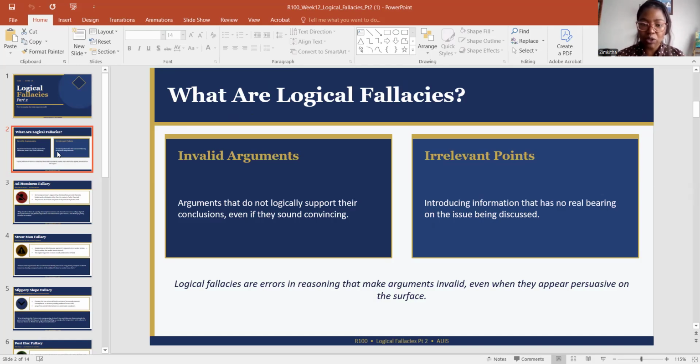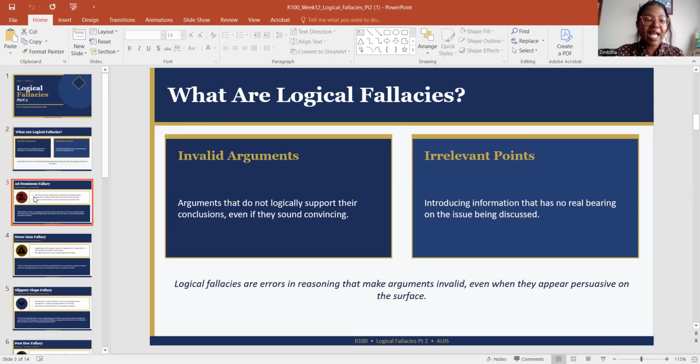They do not support the conclusion, even if they sound pretty convincing. But it doesn't mean that they can actually support the idea. And they also introduce information that has no bearing on the issue whatsoever. So it's like debating with somebody who's debating the complete opposite of you, or they're not responding to your point.